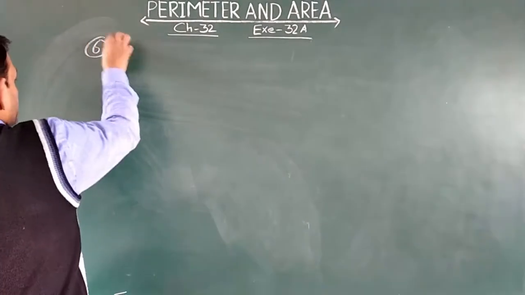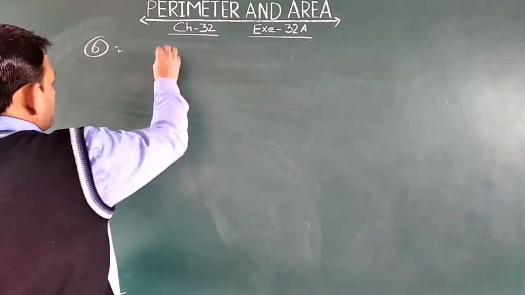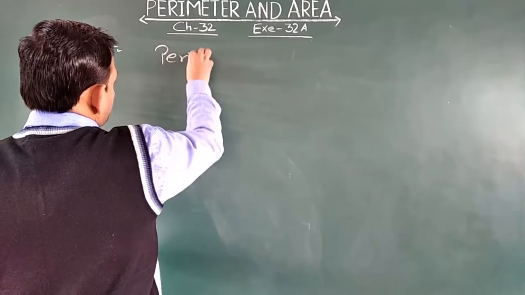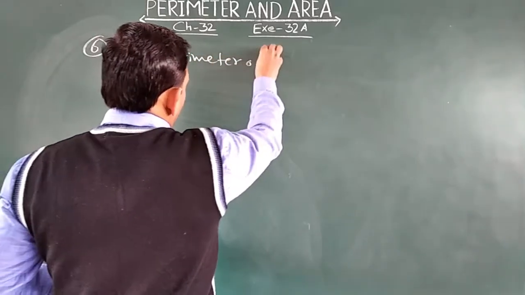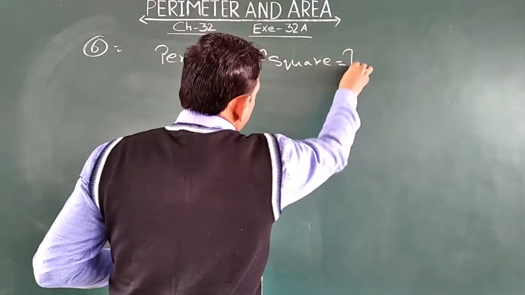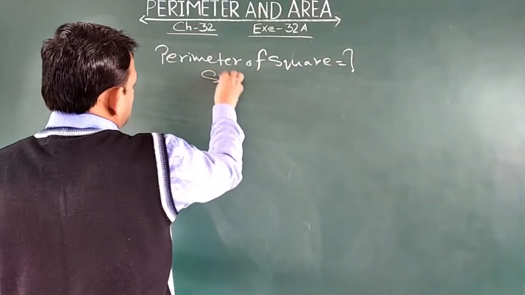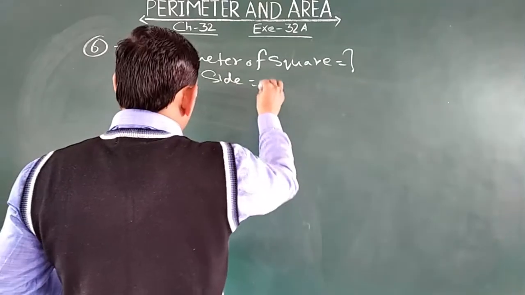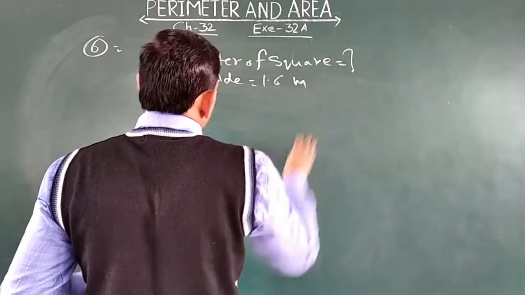This is a very easy question. In this question, you have to just find the perimeter of a square whose side is given as 1.6 meter.